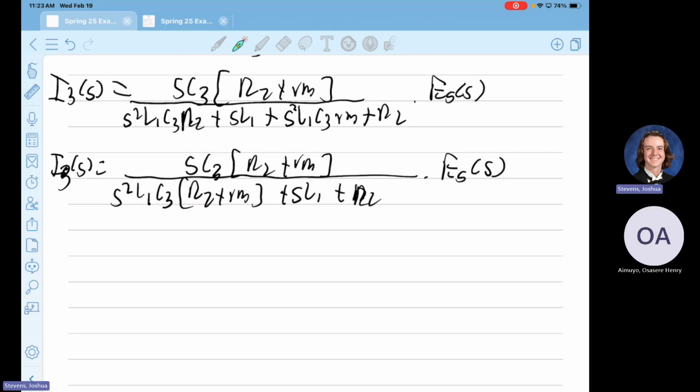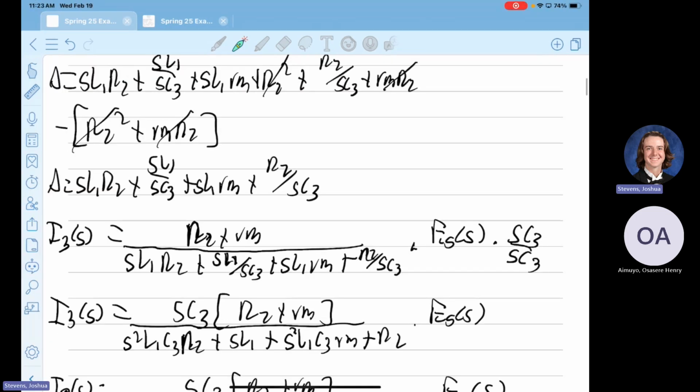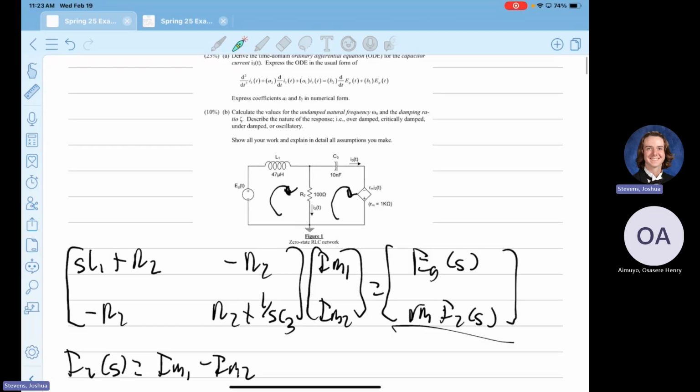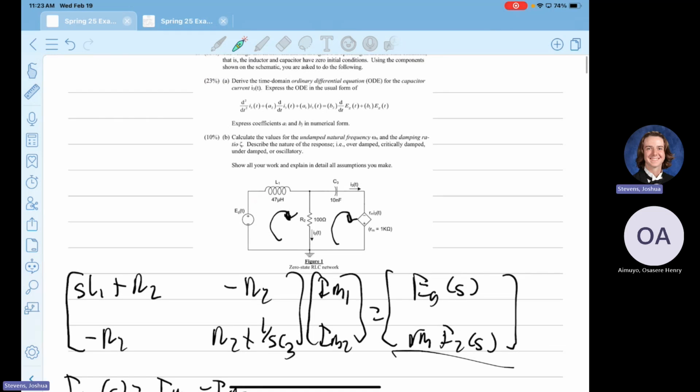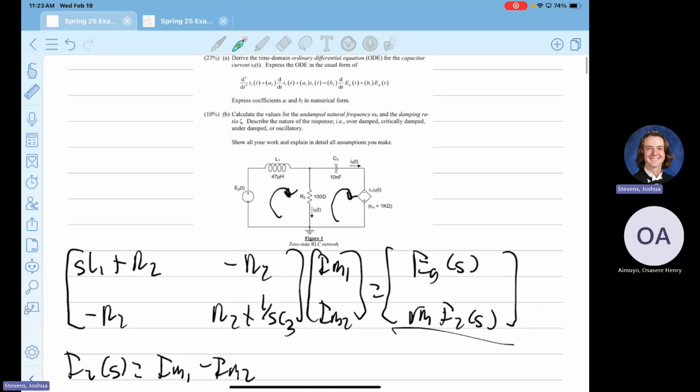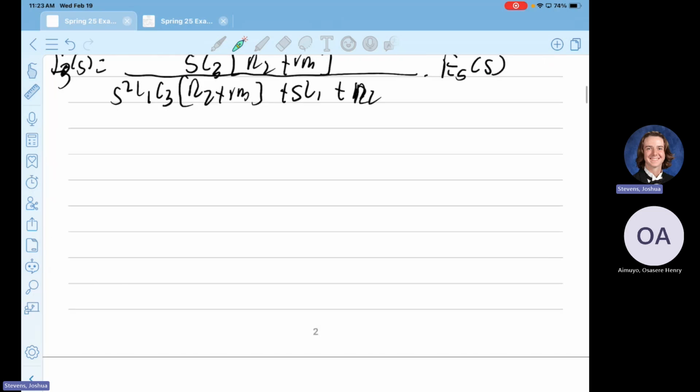What did I do now? What I like to do is put in my numbers. If I go back to here, I see that my L1 value is 47 microhenries. My R2 value is 100. My C3 value is 10 nanofarads. Putting in those numbers, I'm just going to go straight to what I got when I put them in the calculator.